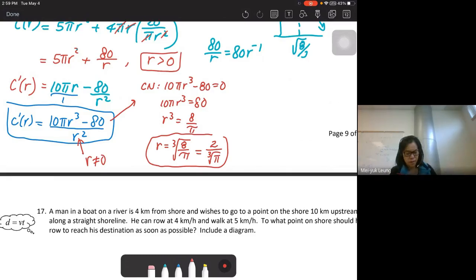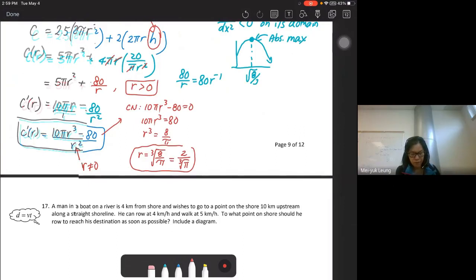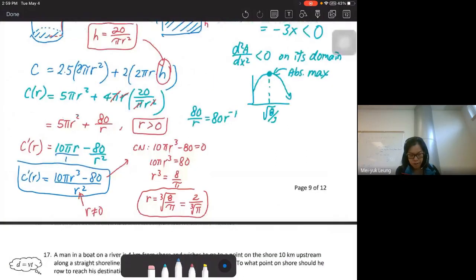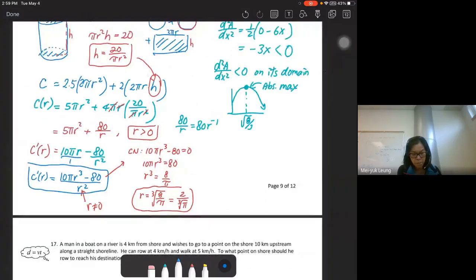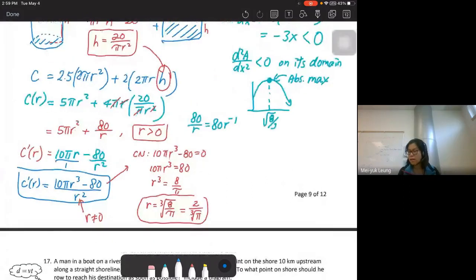Once again, we want to make sure that this r gives the absolute minimum point. You can quickly use the first derivative test to show that this critical number gives the absolute minimum.